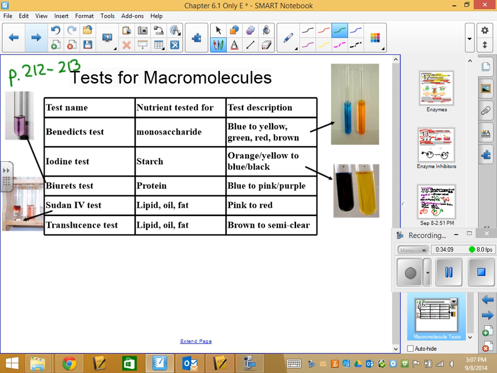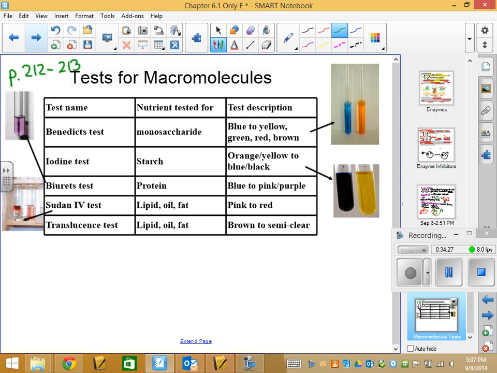And I just want to make sure that everybody has the correct color results with the correct test, so that when on Wednesday we have a little quiz, which we will on Wednesday, you're sure which color things are supposed to turn.